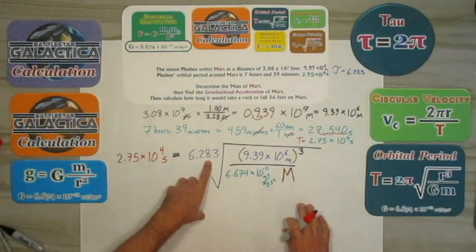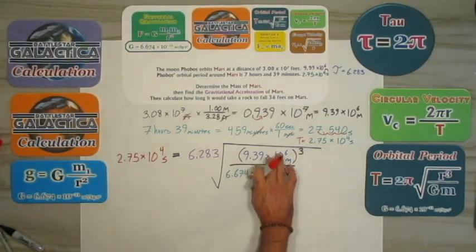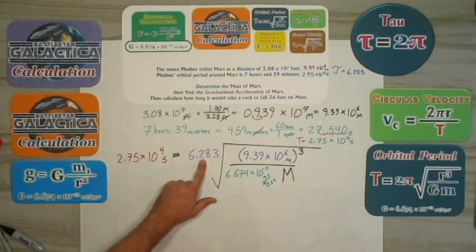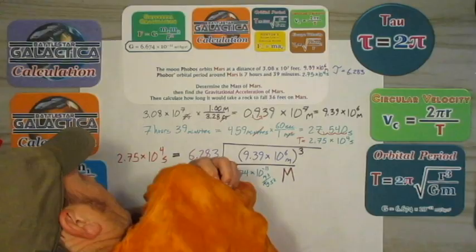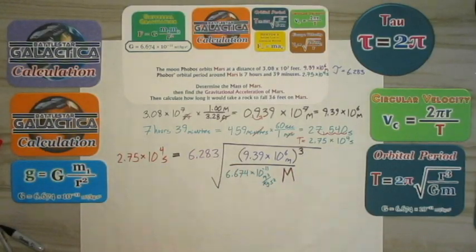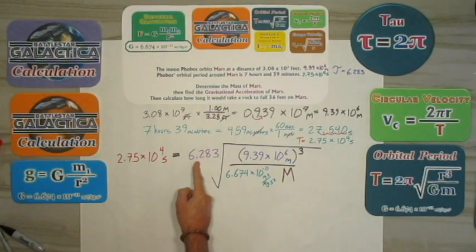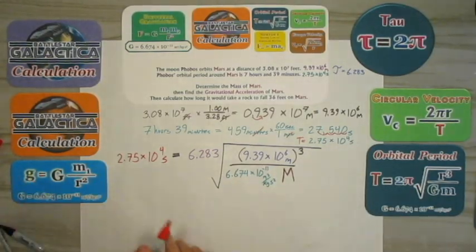You know what I'll also do at the same time? At the same moment I'm cubing that, just to save time, this is multiplied onto me, so we're going to have to divide that off. We're going to divide both sides by tau, or 2 pi. If I do those both at once, it'll save us one step.